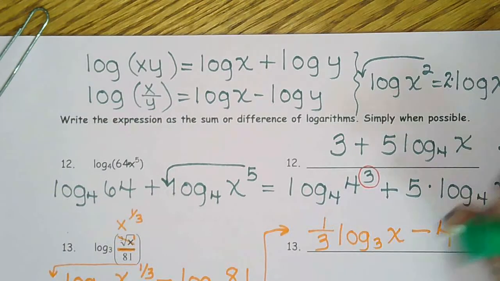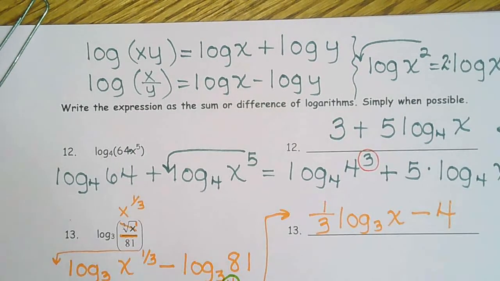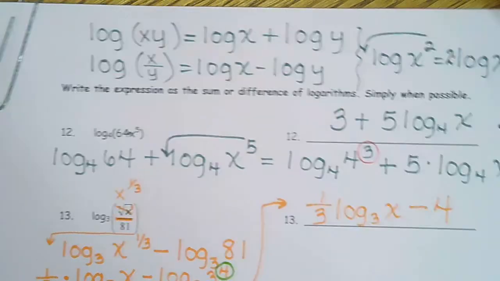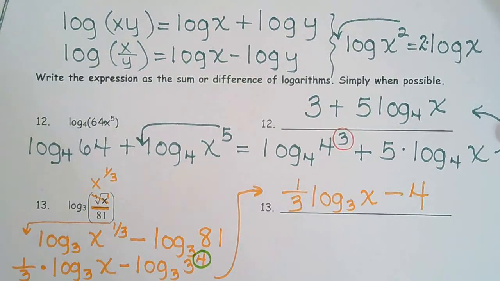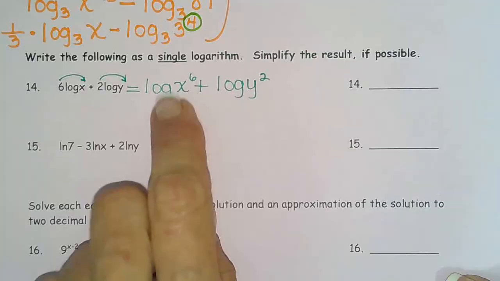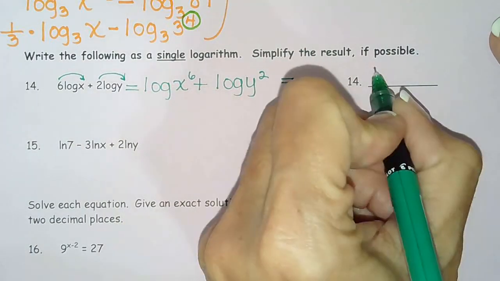So now we're at this step, which says take 2 logs that are added, and they go backwards into a single log of multiplication.